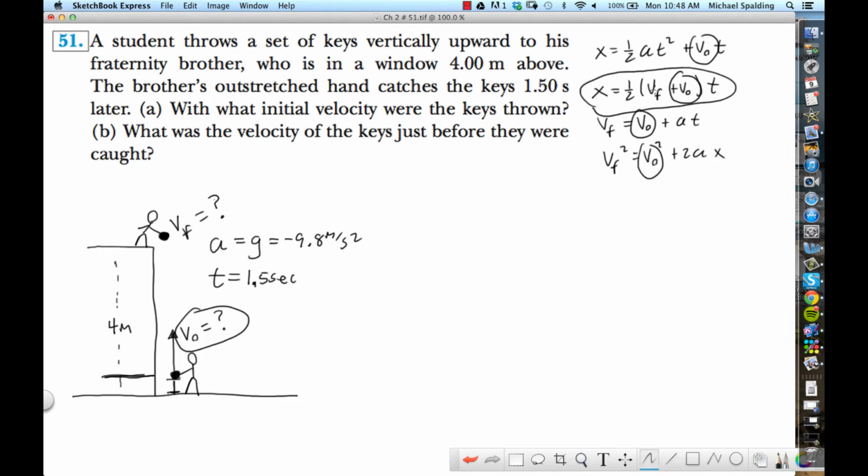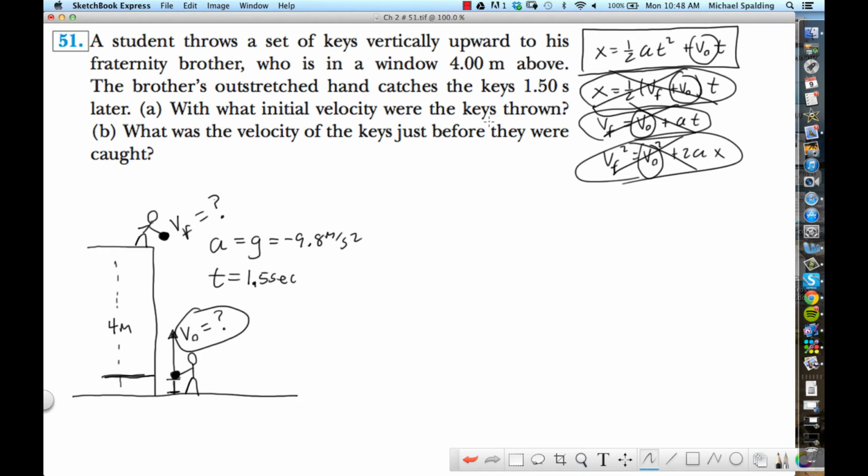We don't have V final. Why will the third equation not work? We don't have V final. So the second equation is out, the third equation is out, and then guess what? The fourth equation is out. That leaves what? The first equation. This is the equation that's going to solve the problem.